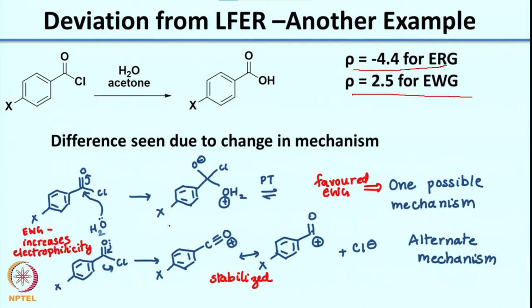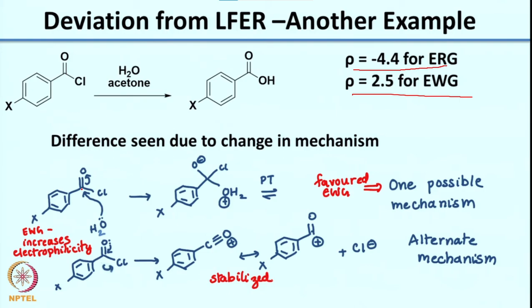As you can see here, suppose in the first case we are taking an electron withdrawing group. If an electron withdrawing group is present, it will stabilize, sorry, not carbocation, it will stabilize this carbonyl carbon, and it increases the electrophilicity at the carbonyl carbon atom, which favors the reaction, means stabilizes the reaction.